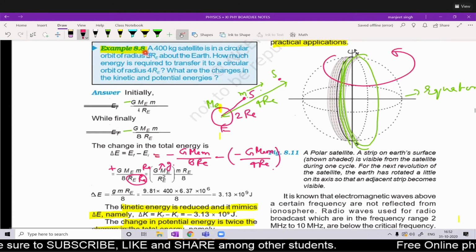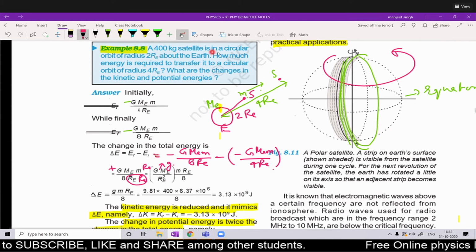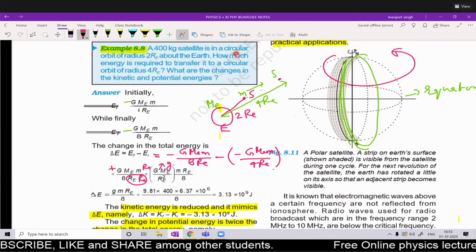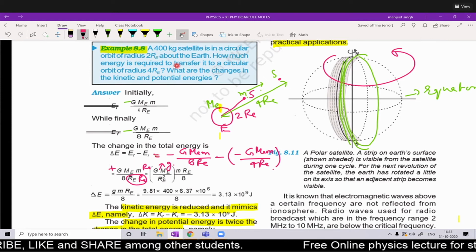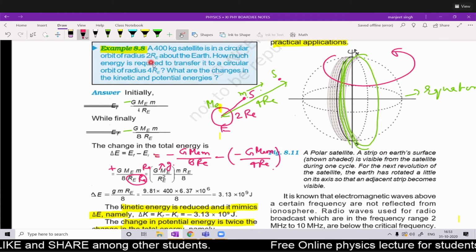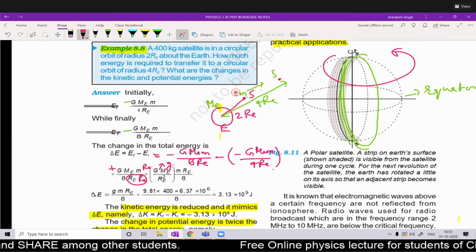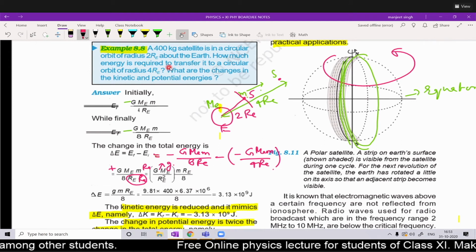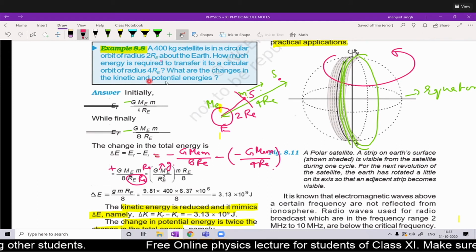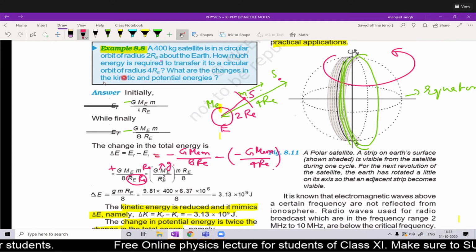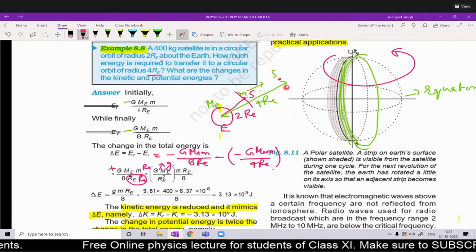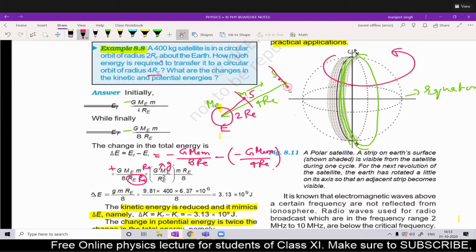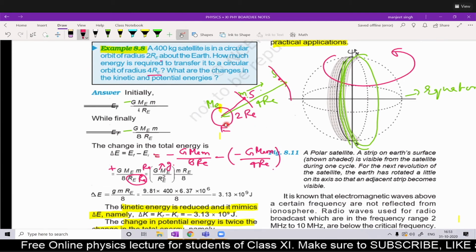See example 8.8, a 400 kilogram satellite is in a circular orbit of radius 2 Re about the Earth. So this satellite is revolving around the Earth at radius 2 Re. Now how much energy is required to transfer it to a circular orbit of 4 Re? We have to send it to 4 Re orbit around the Earth.